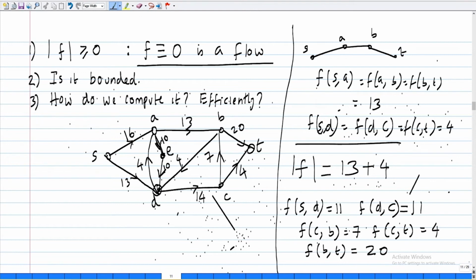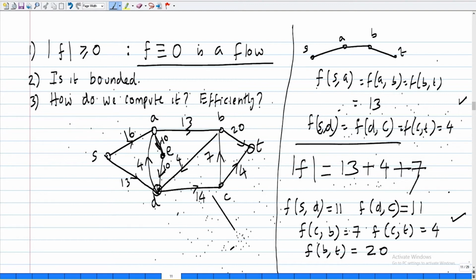Fine. So this flow that I have written here and this flow that I have written here are different, though I have used the same name, right? Now the flow below, that's going to become plus a 7, right? So it's 24. Can you increase this further?